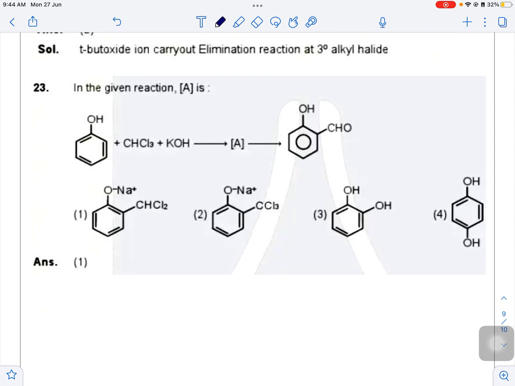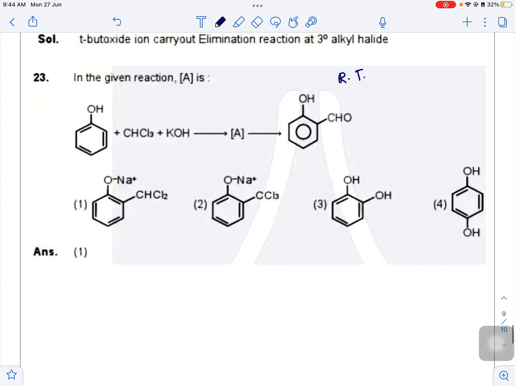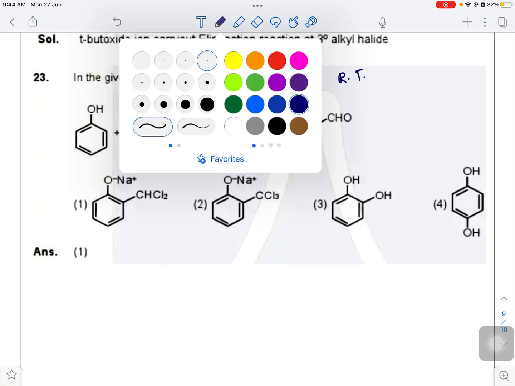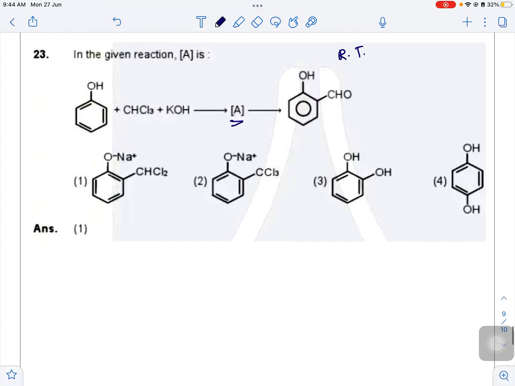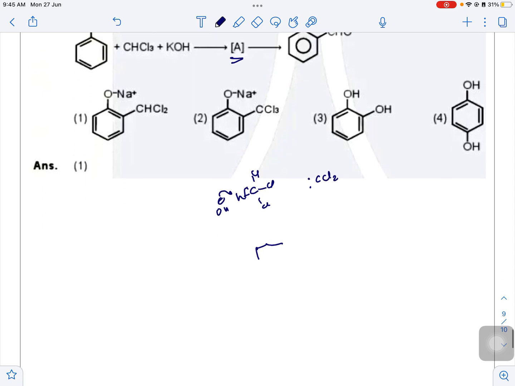Next, this reaction is given, which is the Reimer-Tiemann reaction. It is asked to identify the intermediate compound. This is directly from your NCERT textbook. We know that CHCl3 on reaction with KOH forms CCl2 carbene. That CCl2 carbene is attacked by phenoxide ion, which is formed by base action on phenol.